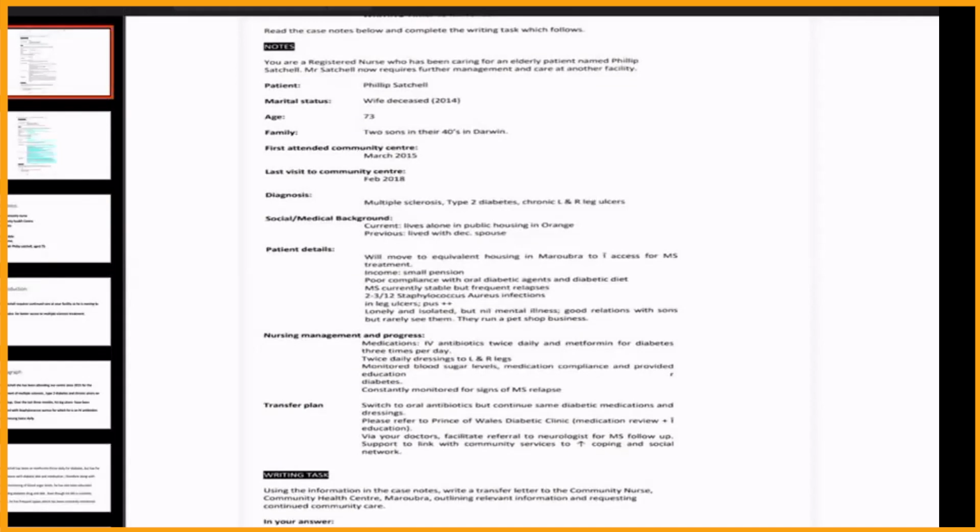Mr. Philip Satchel requires continued care and management at your facility, as he is moving to Marobara for increased access to multiple sclerosis treatment. Or for better access. Okay, so in that case we can write like this: Mr. Philip Satchel, name of the patient, and the purpose, requesting continued community care.